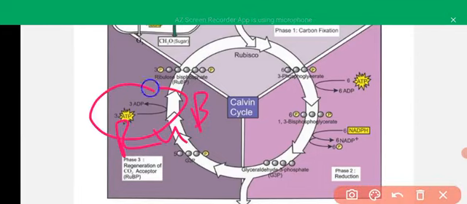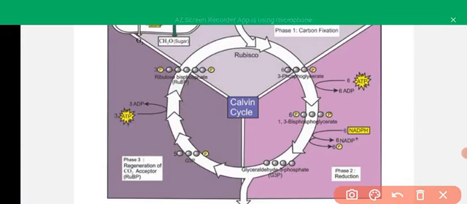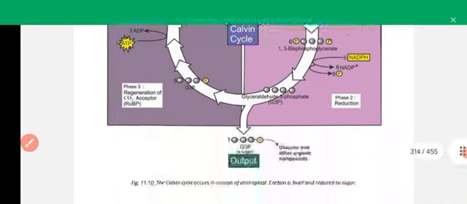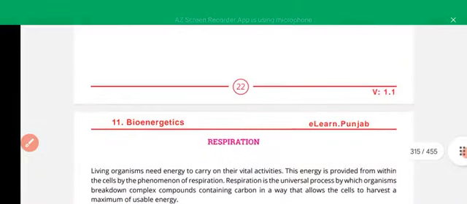Then 3 ATP are used to convert ribulose phosphate into ribulose bisphosphate, the reactant of the original chemical reaction, and the reaction is recycled. This phase is called regeneration of the acceptor of CO2, because it accepts CO2 and forms phosphoglycerate.